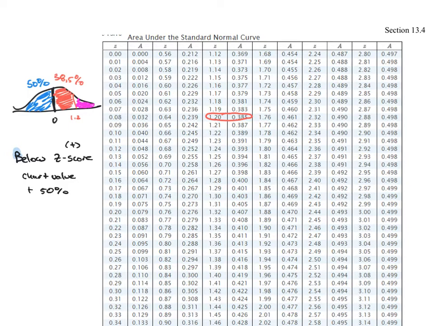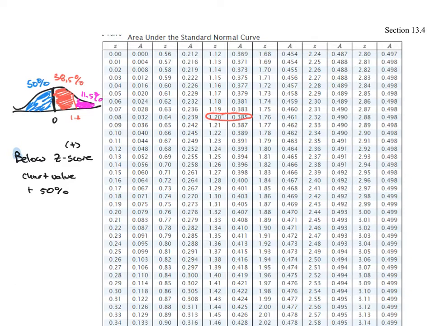Okay? If you wanted to know how many score above it, which would be this region right here, think about how we could get that pink region right there. Well, you would take the 50%, the 38.5%, and subtract that from 100. So 50 plus 38.5 is 88.5, and then 100 minus 88.5 gives 11.5%. So what's an easier way of getting that 11.5%?